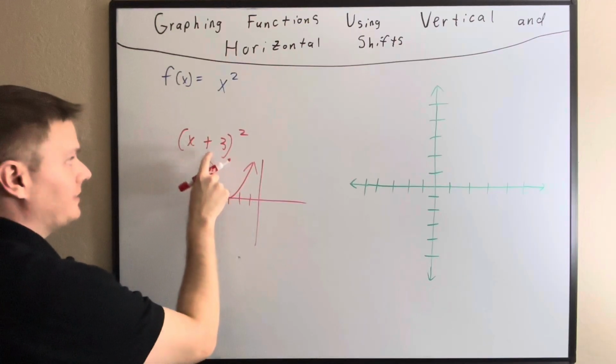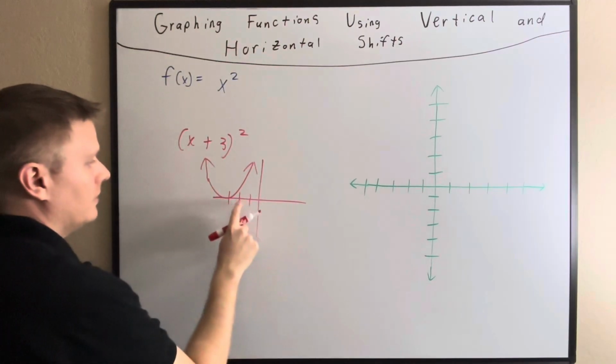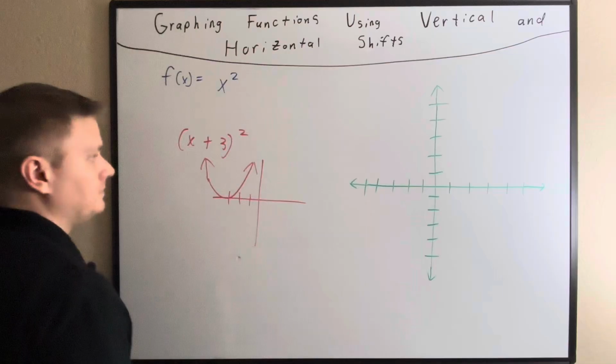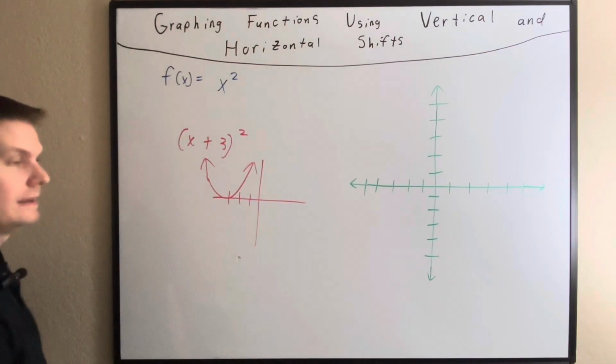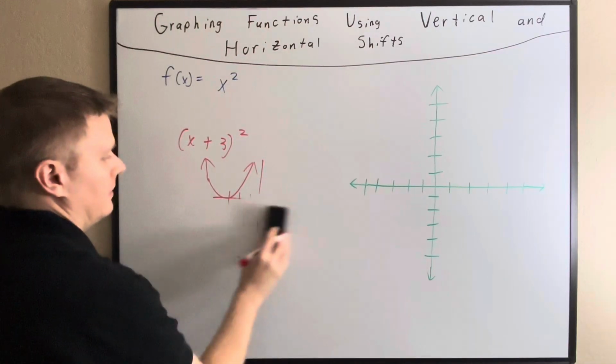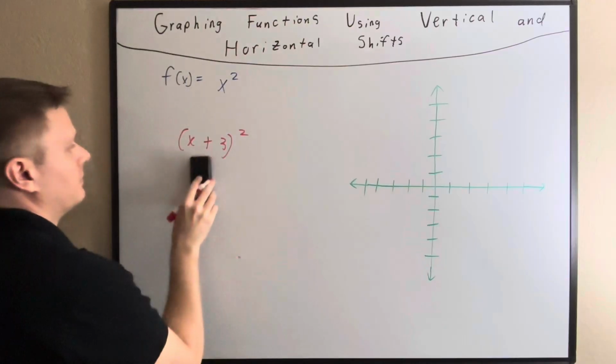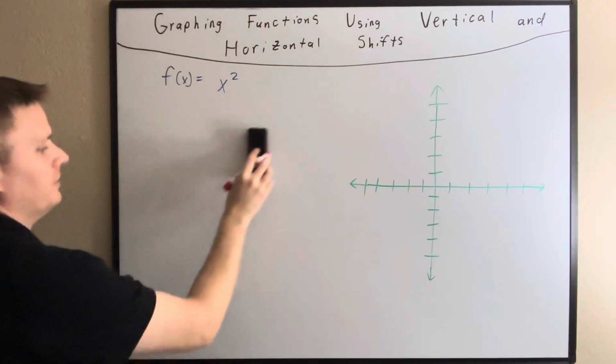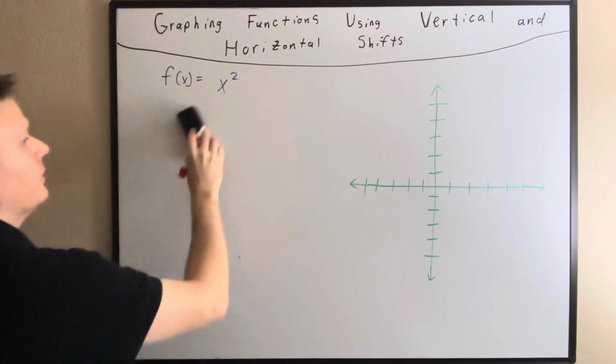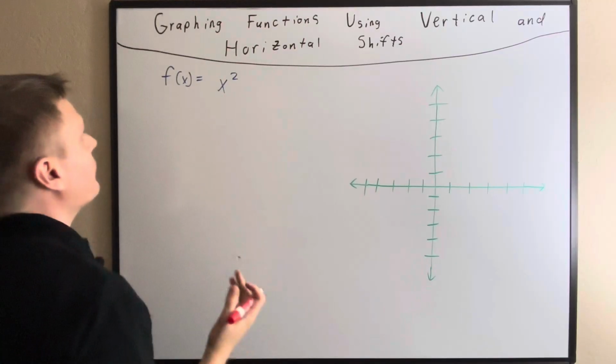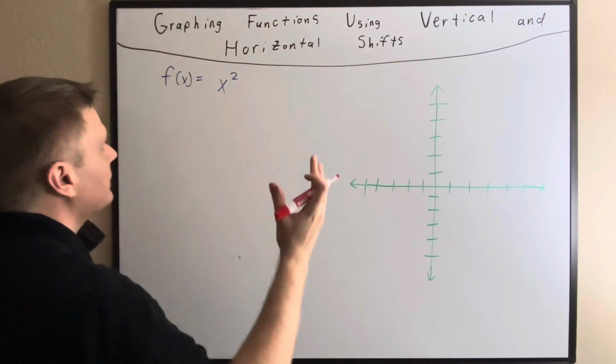For the horizontal shifts, it's always the opposite, going to the left, right? So now, no matter what we do to those two values, you know exactly where the origin point is and how to graph it, right?